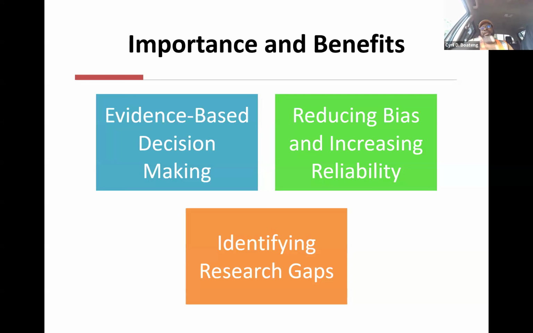So if you just do a quick Google search and pick a study and use that as the basis of any decision or conclusion, it could just be because maybe you like the name or the title of the paper. But if you are integrating different studies systematically, then you can see that this is an unbiased way of looking at all the data out there. So then we can place more value on the decision you've made. And then it's also good for identifying research gaps. And this is where, for instance, I like working with systematic review.